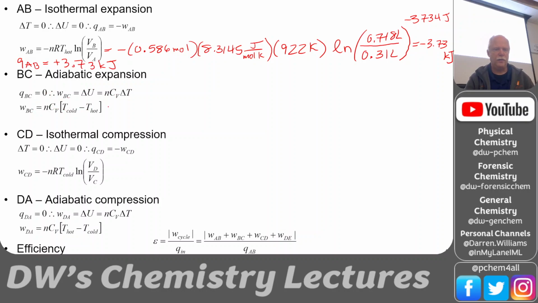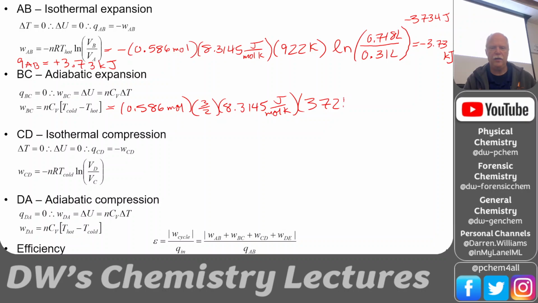All right, so now let's do the work going down the adiabat. So we have 0.586 moles. The C_V, since we only had a monatomic gas, we only had 3/2 R. Was it 372? Okay.